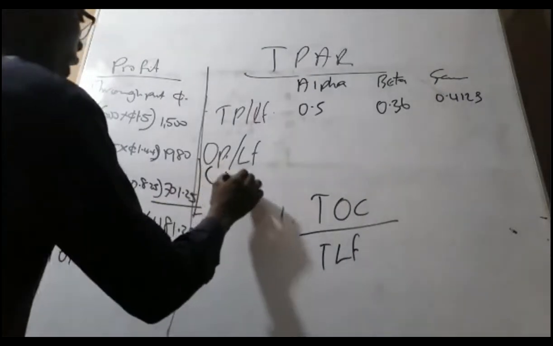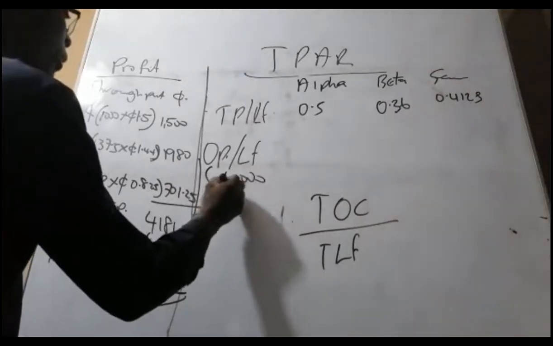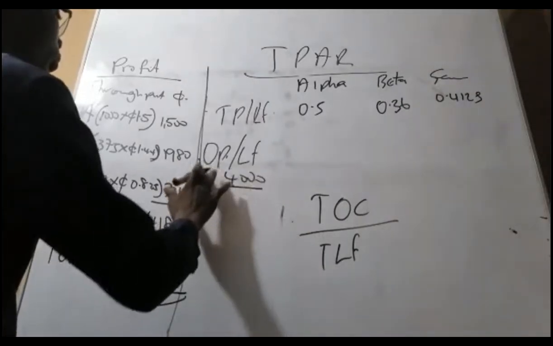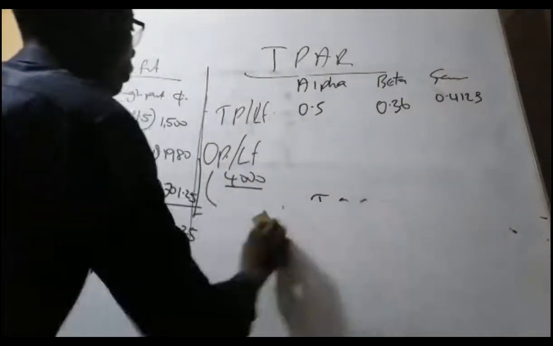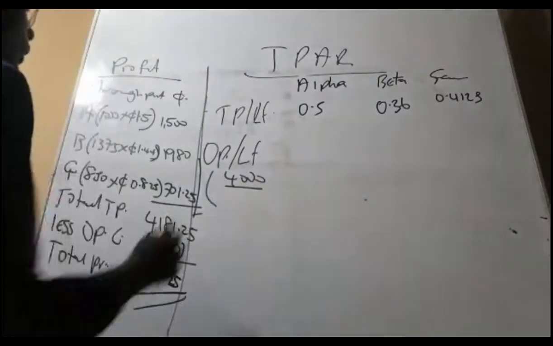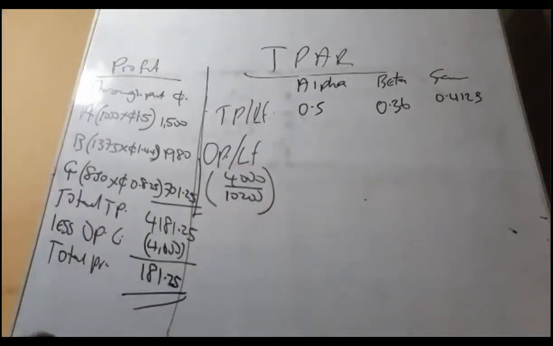Operating cost was 4,000. So 4,000 divided by the total limiting factor, 10,200. That's the operating cost per limiting factor.